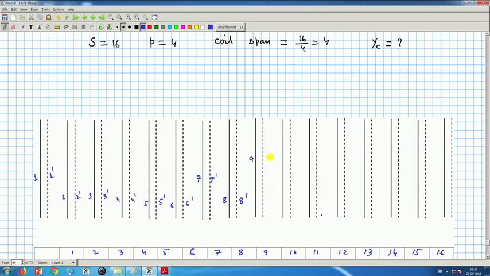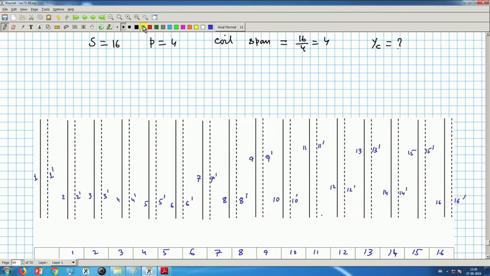You may feel slightly bored, but better do it like this: 9, 9 dashed, 10, 10 dashed, 11, 11 dashed, 12, 12 dashed, 13, 13 dashed, occupying the same position, dotted line because it is below the upper coil side, 14, 14 dashed, 15, 15 dashed, 16, 16 dashed.